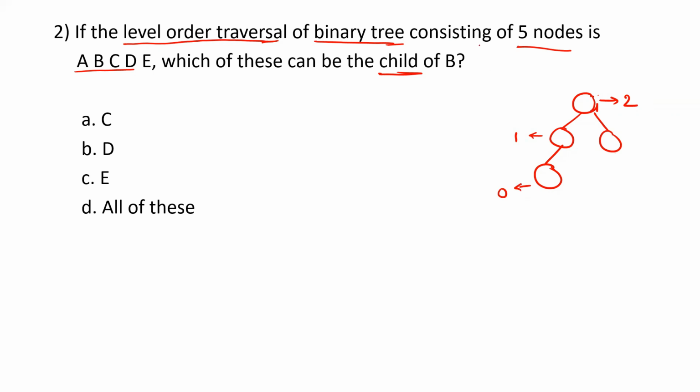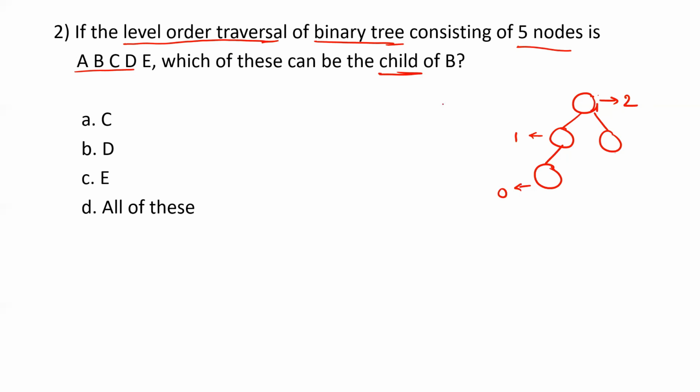So basically, a binary tree is a tree that may contain at most two children, right? If it is containing at most two children, then that type of tree, we can call it a binary tree. It can have two children, or a single child, or it may not have any child. The nodes that are having no child, we call them leaf nodes.